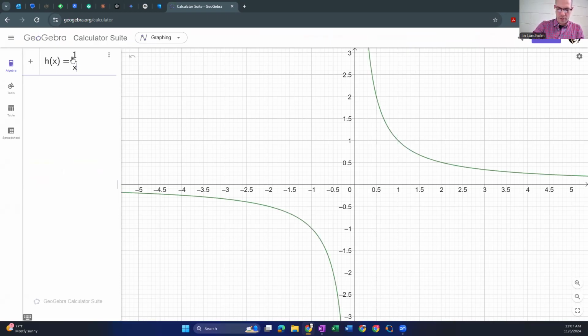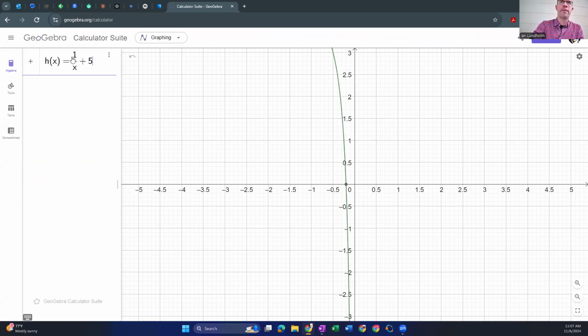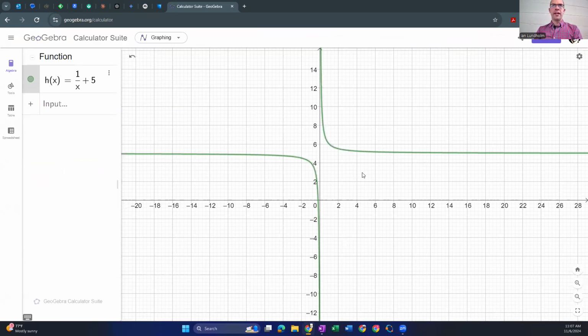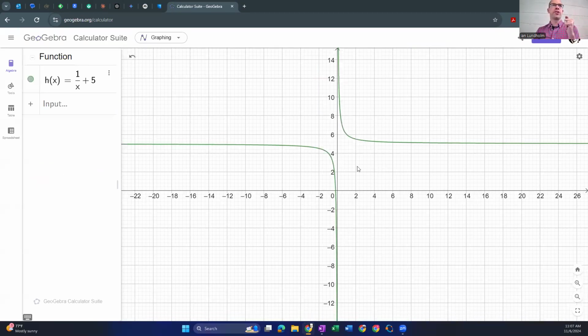Okay, there we go, 1 over x plus 5. So, all right, we zoom out a little bit. Here's our original function, that 1 over x plus 5. What we're doing is we're treating this as the derivative of some unknown function.